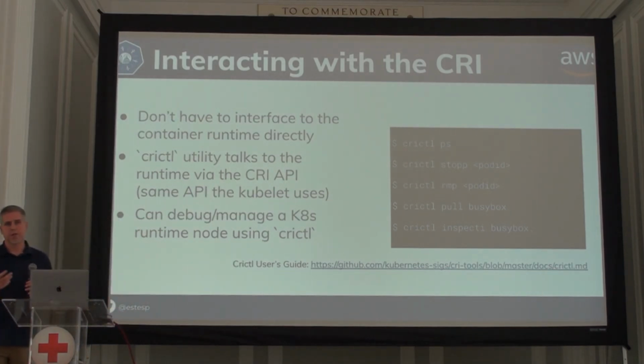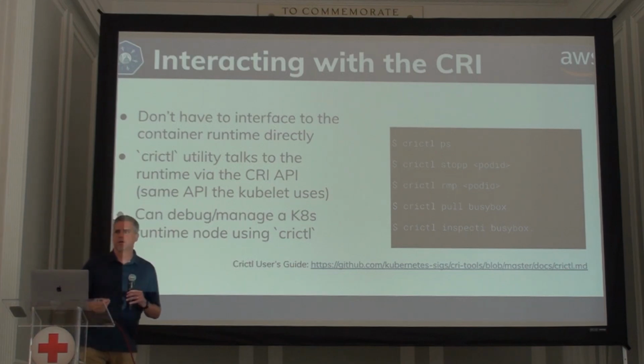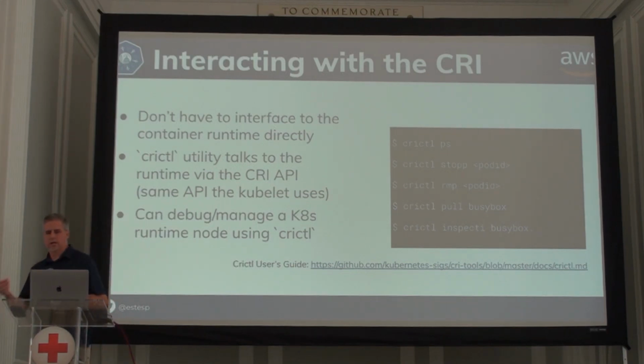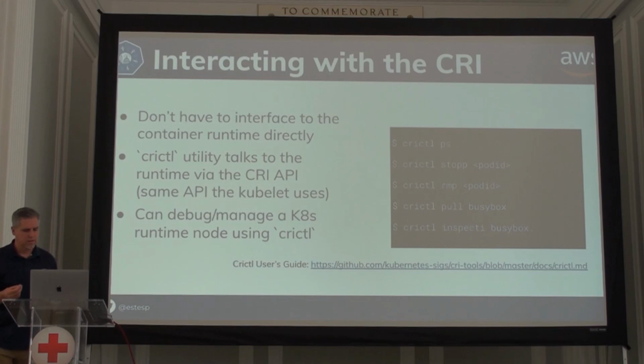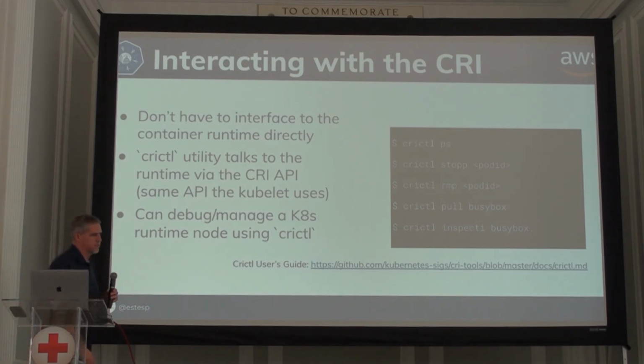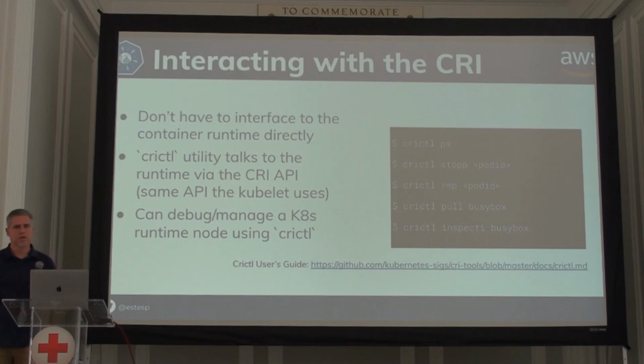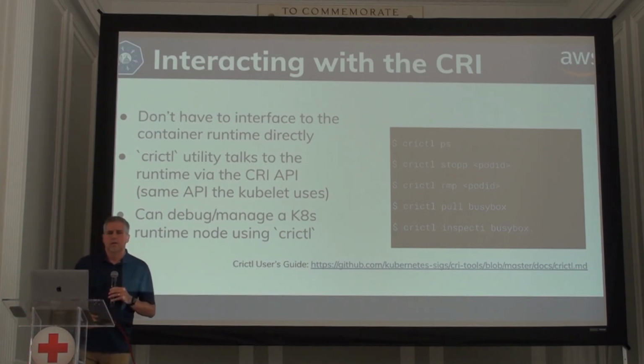One of the cool things is that you can actually play around with the CRI without even having Kubernetes installed. So I could take a Linux instance, I can install Containerd, I can install crictl. There's a user's guide in the Kubernetes SIG for cri-tools. And I can actually deploy a pod without the rest of the Kubernetes infrastructure and see how that works, see how Containerd implements that, how it starts the pod sandbox and places containers within it.